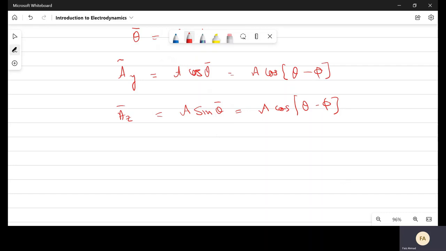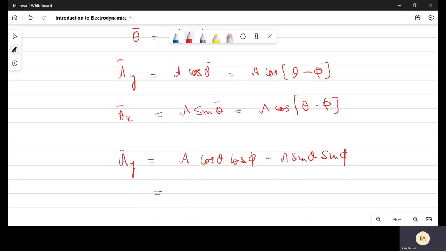If we expand this relation, ay bar becomes A cosine theta cosine phi plus A sine theta sine phi. What are these quantities?